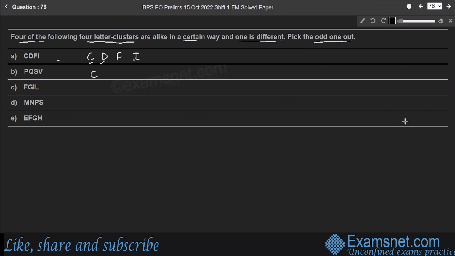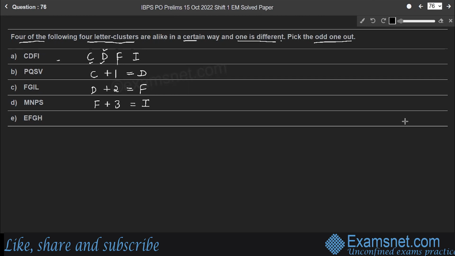So C plus 1 is equal to the second letter, D. Whereas second letter D plus 2: D, E, F. Therefore, D plus 2 is F. Right? So F plus 3 gives F, G, H, I. Therefore, F plus 3 gives I.